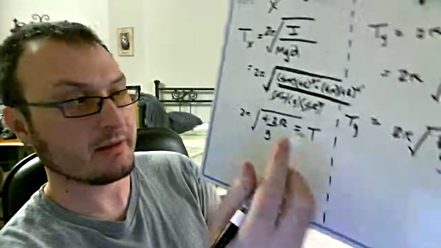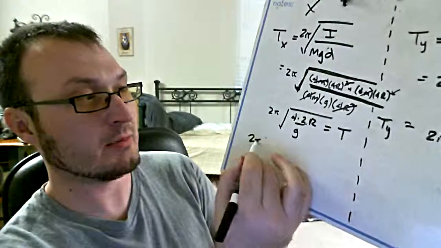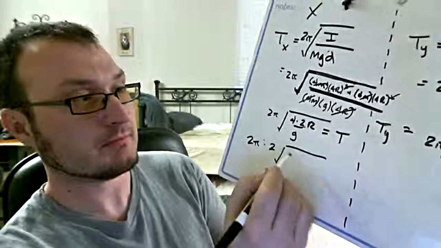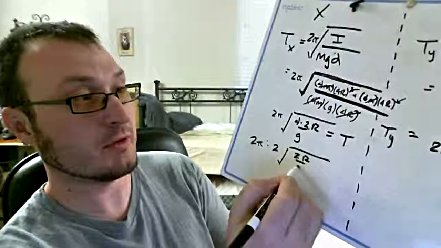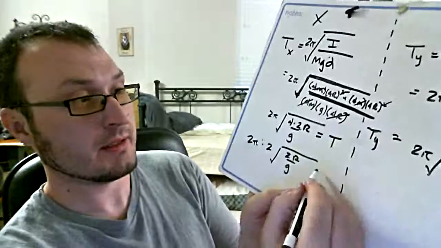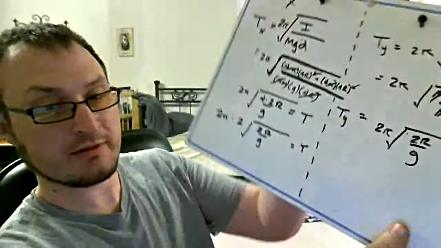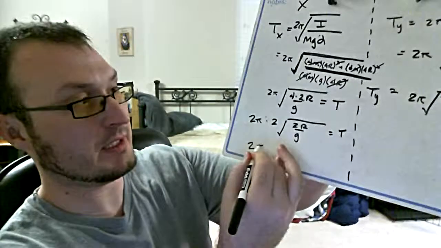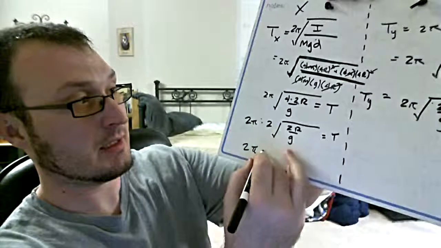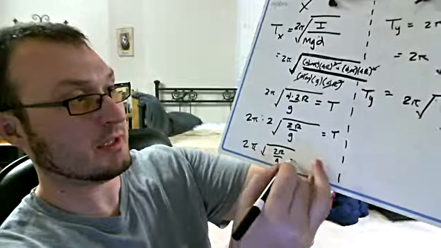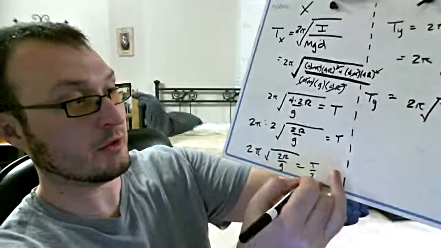Okay, now I can factor that 4 out. I get 2 pi times 2 over g equals T. And then I just divide by 2. And I get this equals T over 2.